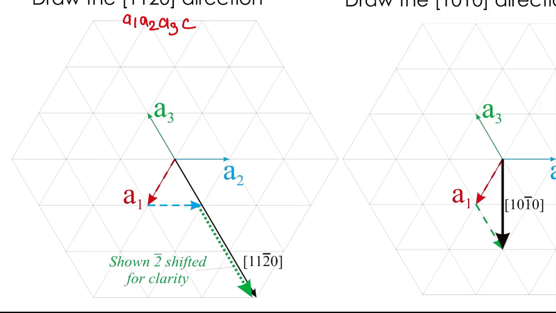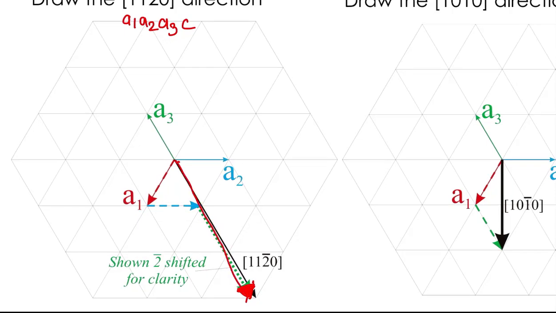So 1 unit distance along A1, 1 unit distance along A2, and minus 2 unit distance along A3. A3 is on the opposite side, so this side will be minus A3. So 2 unit distance along minus A3, and here 0 unit distance along C, which is not shown here. So directly you can show the vector that joins this point and the origin.